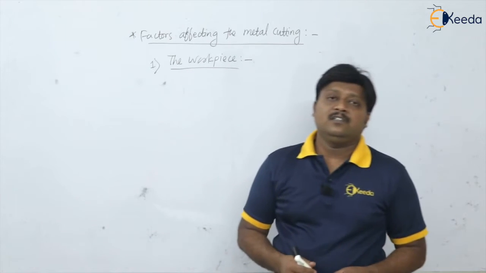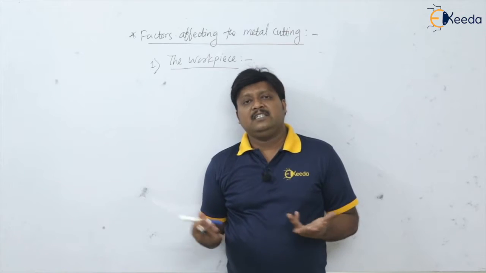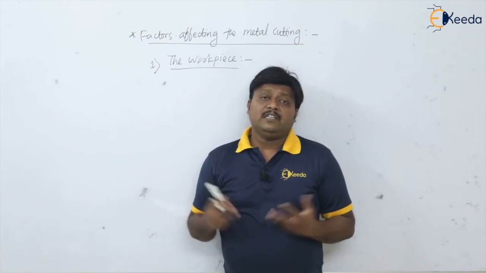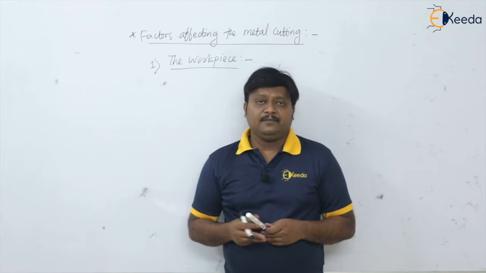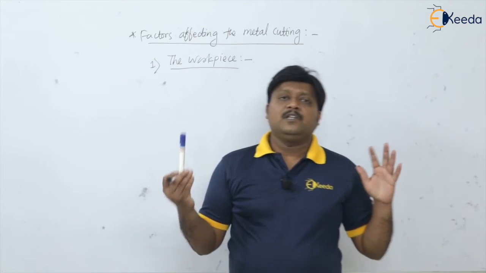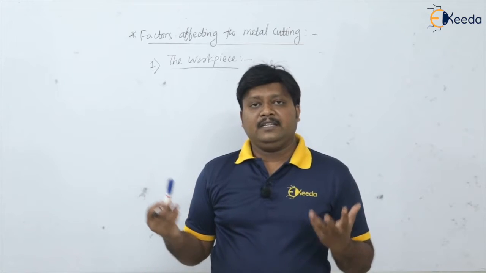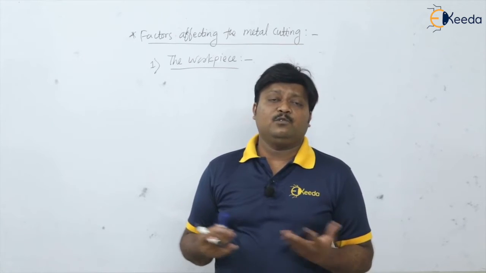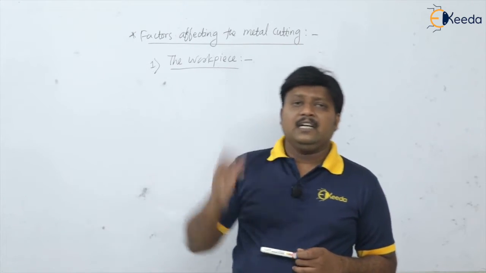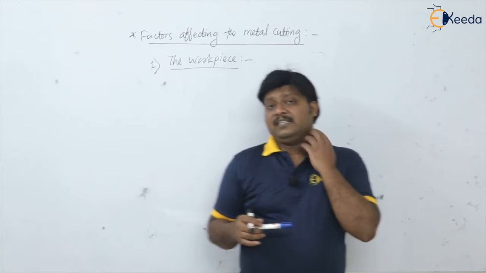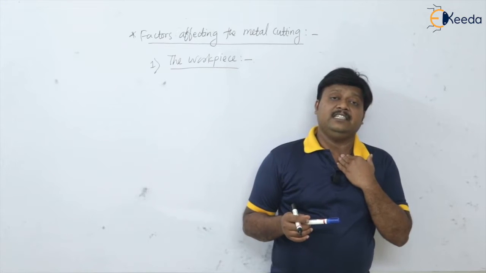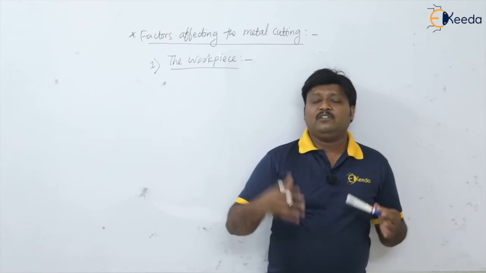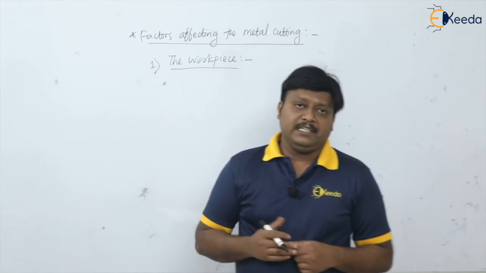Of course, when the workpiece is soft, you require a tool material of lesser hardness, and when the workpiece is hard, you require a higher hardness tool material. Again, for machining a ductile material we require lesser cutting forces, and for a hard material we are going to have higher cutting forces. Like that, the workpiece is one of the important parameters which affects the metal cutting operation. So whether your workpiece is soft or hard, based on that you select the appropriate tool material.